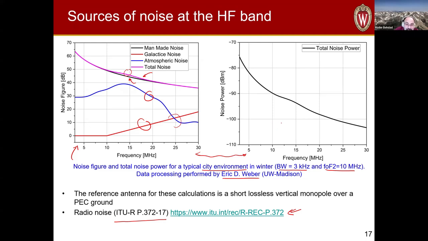And then the noise powers that we are looking at, over that bandwidth, if you're at a frequency of 10 megahertz, you're looking at approximately minus 90 dBm of noise power over that 3 kilohertz bandwidth. And this is a significant amount of noise that's just coming from the environment. And this makes things a little bit challenging to work at.